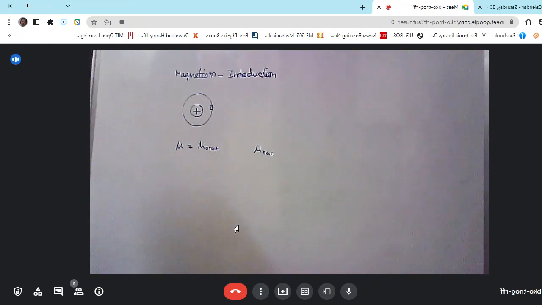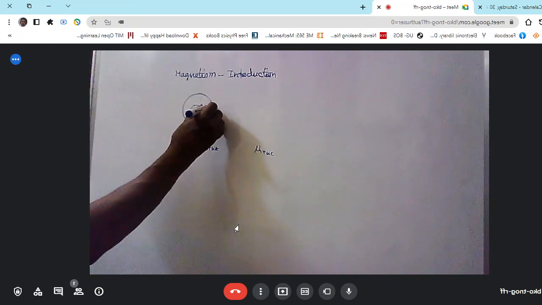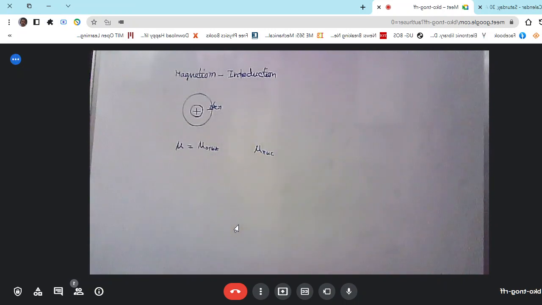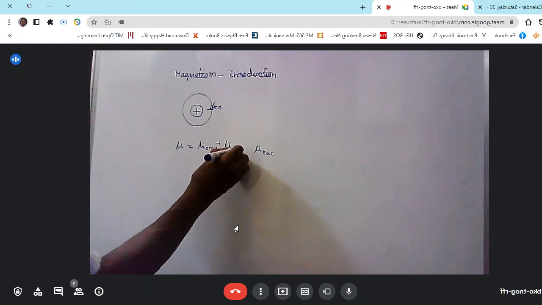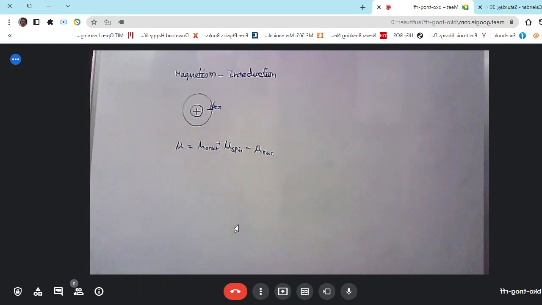And thirdly, this electron has some spin. Actually, it is rotating around its own axis. So this also constitutes some kind of current, and this current is mu spin. So for an atom, these are the three sources of magnetic dipole moment.